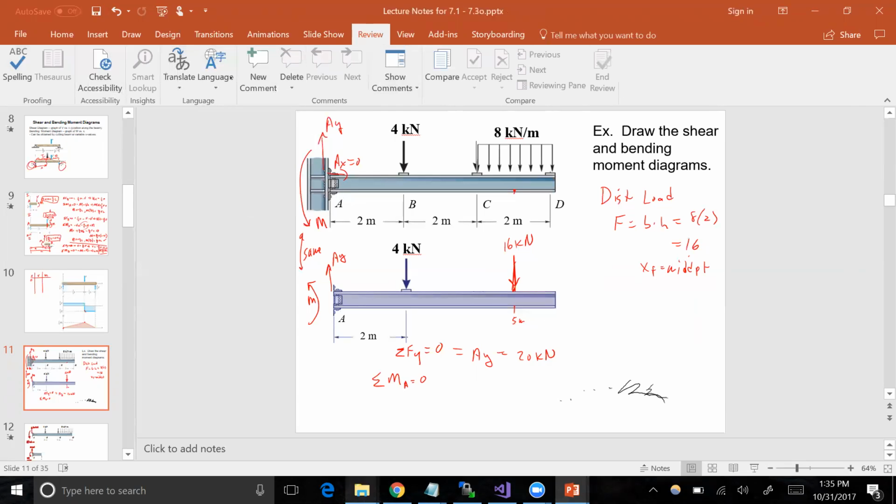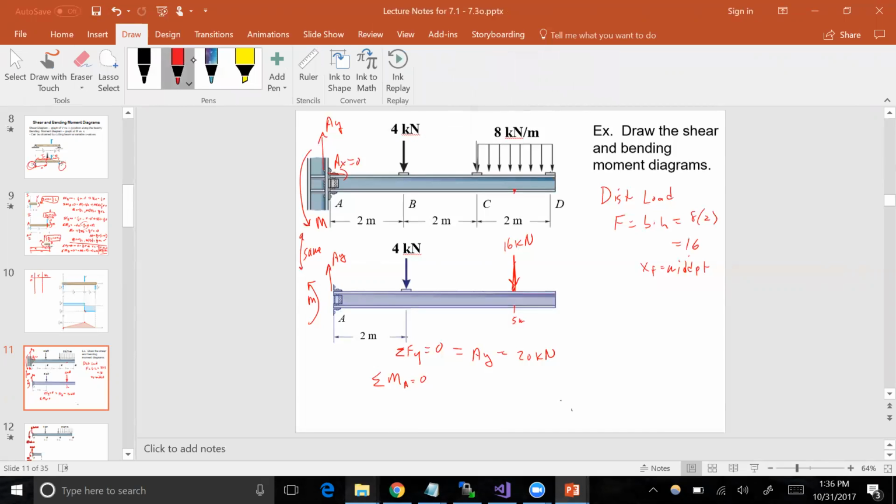Draw, thank you. Red, and I want it thicker.